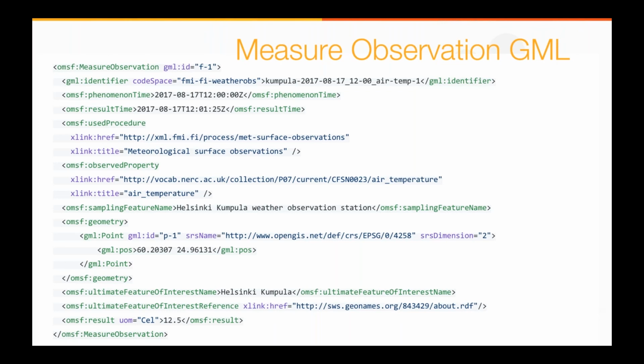And the result is also given as a really simple value, 12.5 degrees Celsius is the temperature measurement in this case. So yeah, quite easy. This kind of structure is proven to be quite easily readable with various existing GIS software already. So you can use either the GeoJSON or GML, and it's almost as easy to interpret.